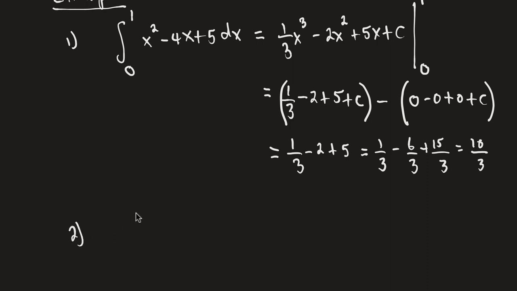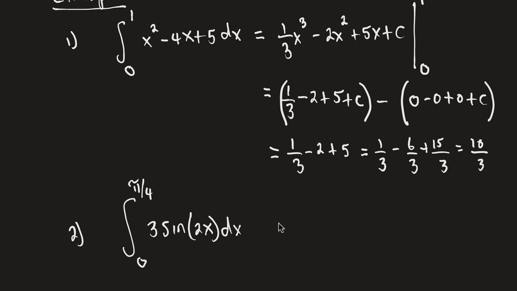Let's do a trig one. Let's say we have the integral from 0 to pi over 4. And let's say the function is 3 sine of 2x dx. Right? Well, again, what this theorem is saying is that in order to evaluate this, we first find an antiderivative.